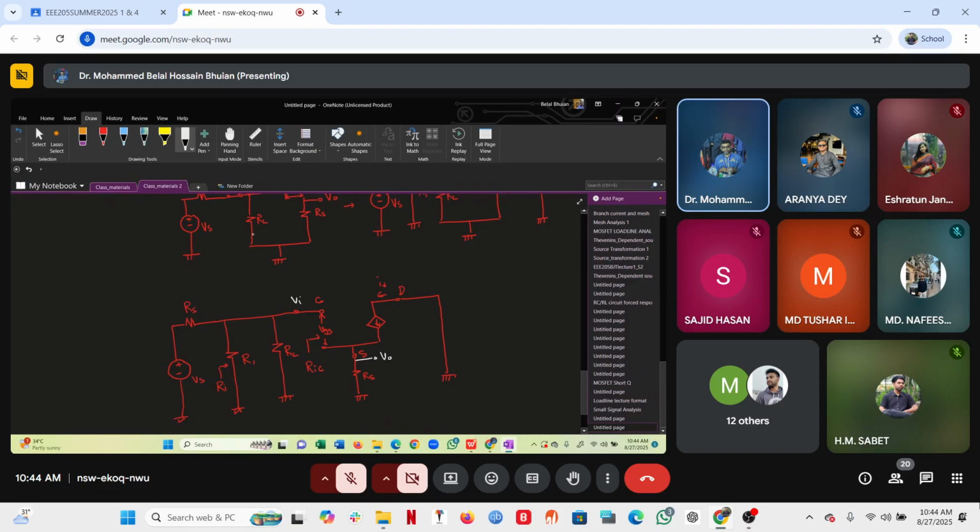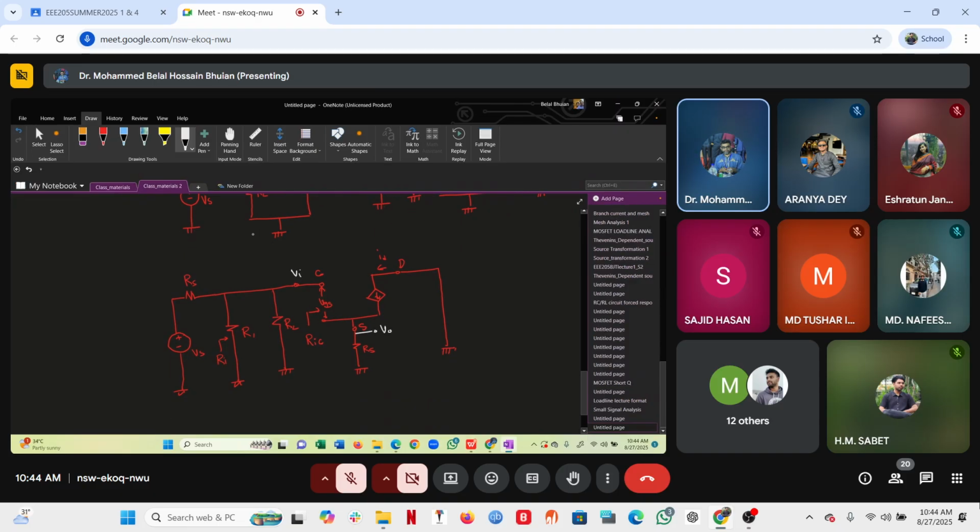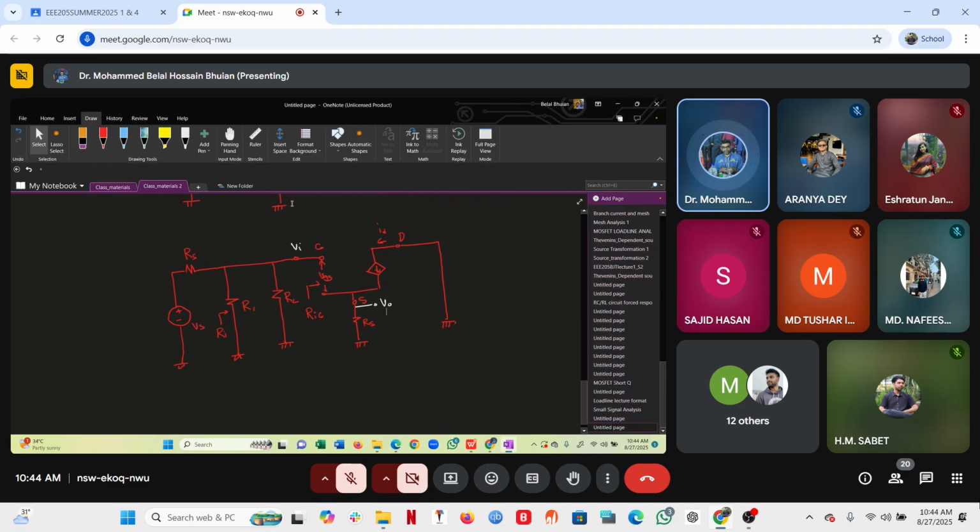First of all, how can you determine VI? Determining VI, again, the current is I_D here. So if I apply KVL from this point to this point, we get VI equals I_D RS plus VGS.